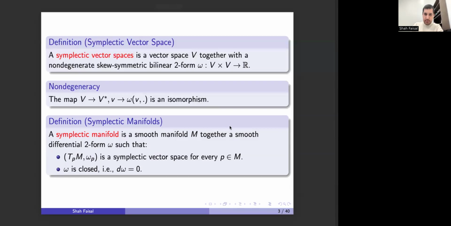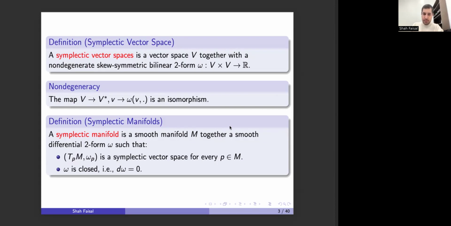And there is this technical condition that the de Rham derivative vanishes. Okay. This is basically motivated by Hamiltonian dynamics. I will explain later. So basically, a symplectic manifold is just a smooth manifold where you put a symplectic vector space structure on each tangent space. Okay.